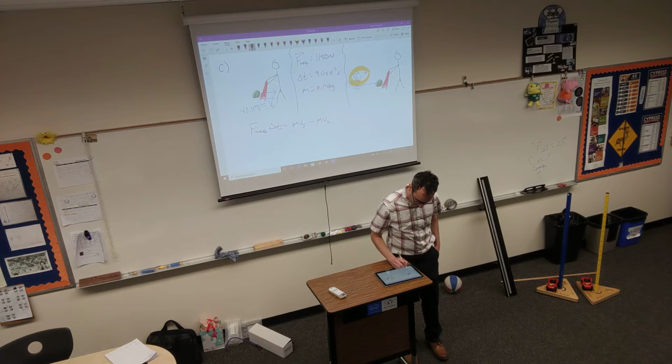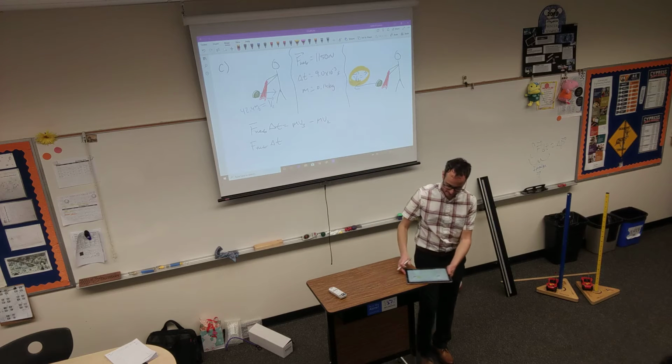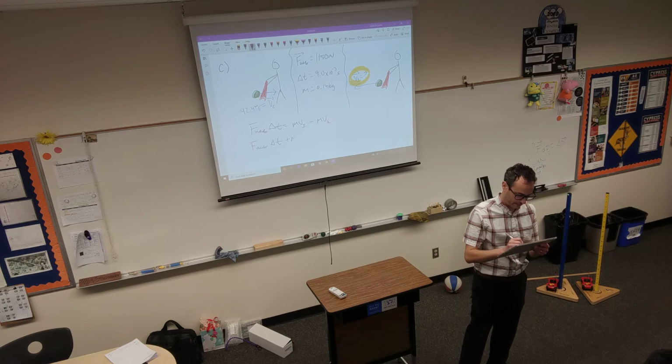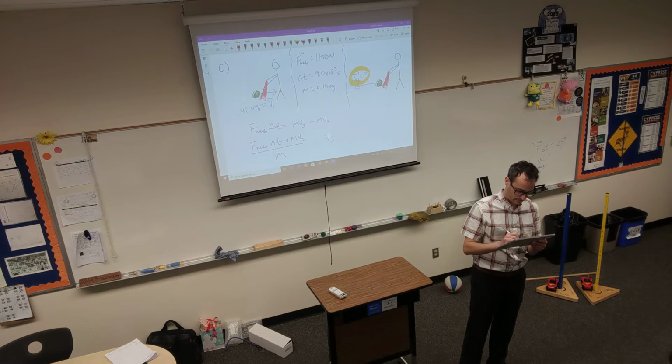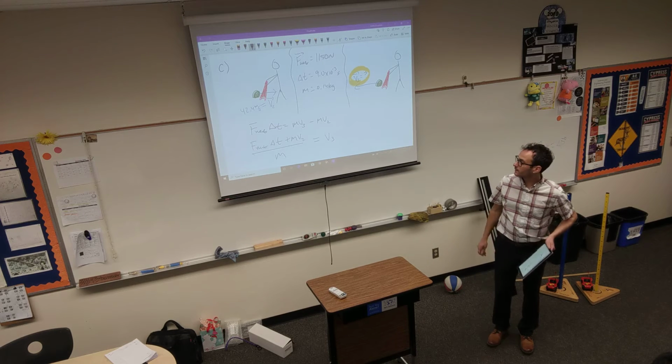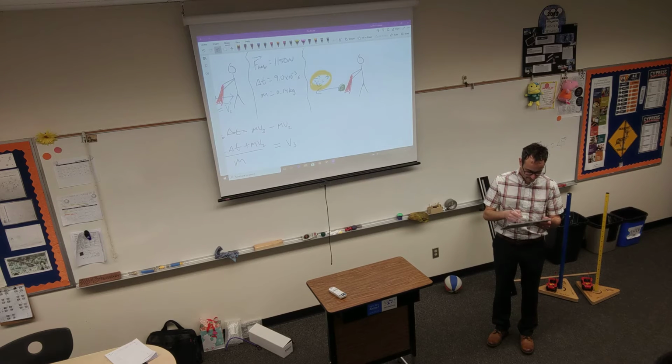So I got my impulse, F net delta t. I'm isolating V3, so I'll add mv2 to both sides, and divide by m, that's going to be V3. Okay.